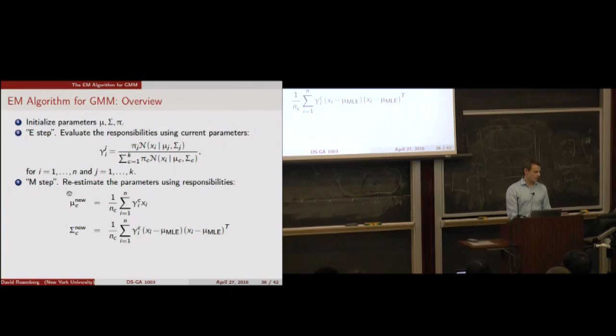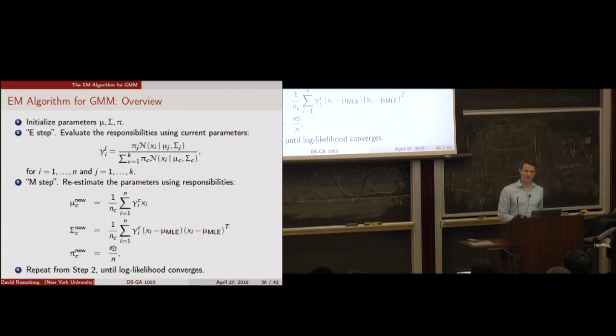Okay. So now we have our mean and covariance estimated parameters. The proportions on each cluster come very naturally from this expected number of points assigned to each cluster divided by the total number of points. And this is an iterative algorithm.